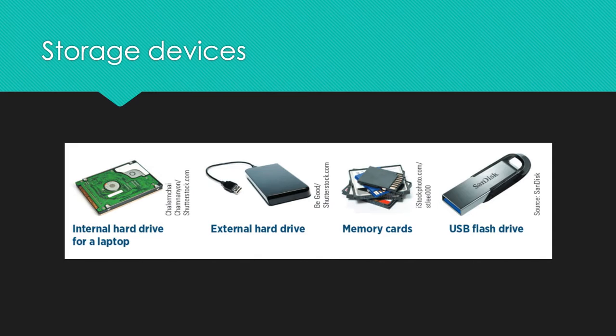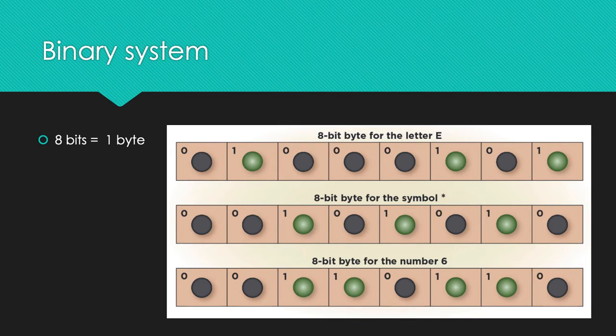Next, we have binary. Basically, one byte is 8 bits, and here, for example, we have the letter E, represented in binary as 01000101. And the list goes on.